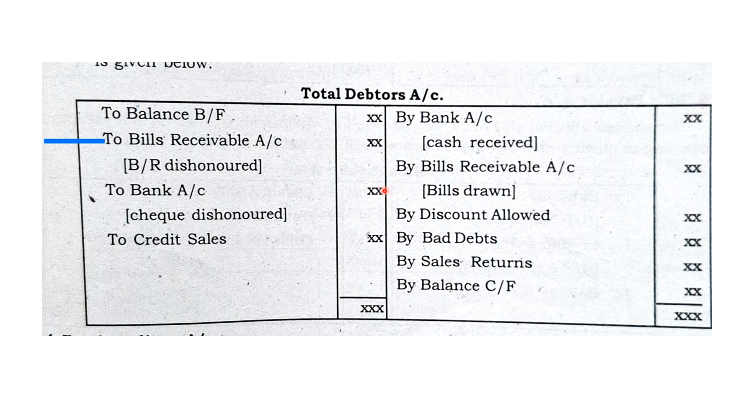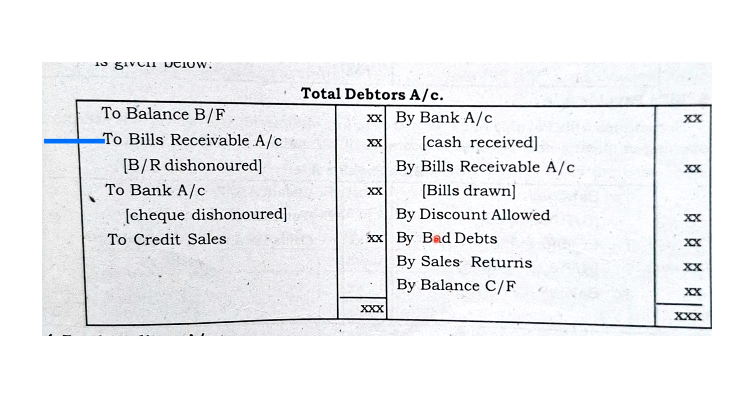Then another item is where a cheque might be dishonored. That will be recorded on the debit side again as 'To bank account', that is, a cheque dishonored entry will be entered. Then there will be some other information like discount allowed. You'll write on the credit side as 'By discount allowed'.